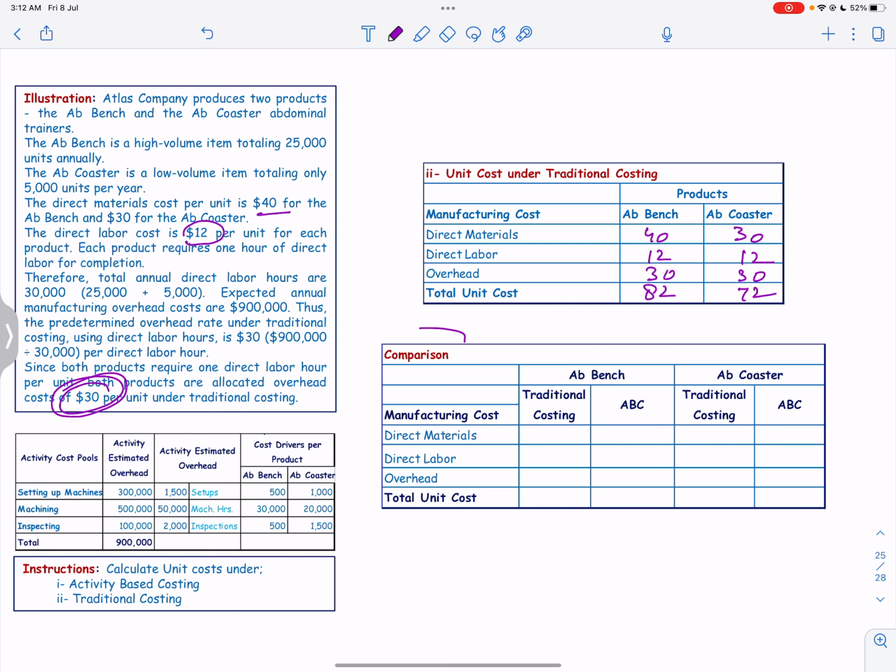Now we make a comparison. Obviously the direct material is not going to change whether it is for traditional costing or ABC costing. We have the same 40 and 30. Direct labor will also be the same. It is not going to change. Overhead for traditional we have just now calculated as 82, and for ABC coaster it was 72.